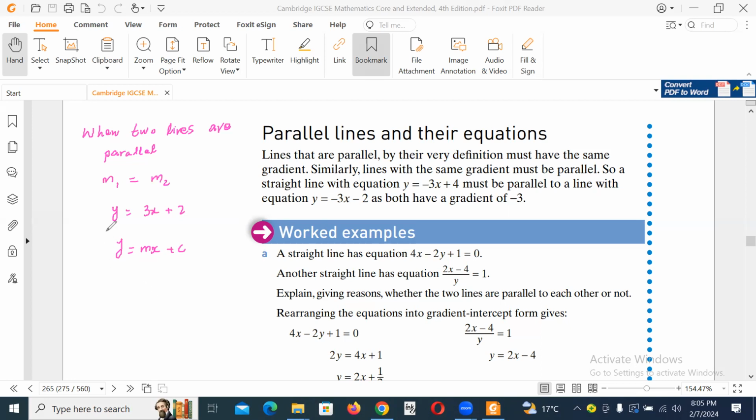Another parallel line related to this can be y is equal to 3x plus 4, 5, any number, any digit which relates to the y-intercept point, but the gradient must be the same. When the gradients are equal, we will say that these two lines are parallel. So I will apply the same concept in the exercise. Have a look.